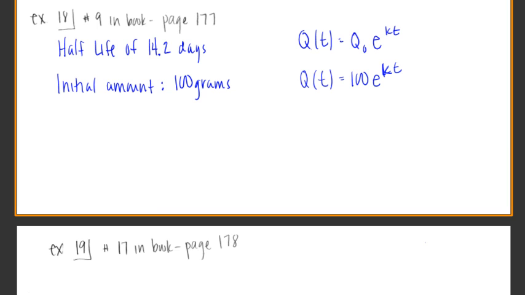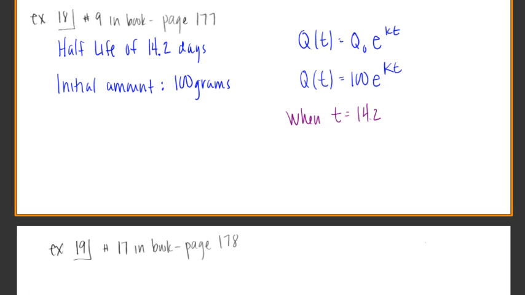Okay, so now from that, can we use the fact that the half-life is going to be 14.2 days in order to find what k is? Let's think about that for a second. Okay, so what it's telling us is that when t equals 14.2, after 14.2 days, we have half of the amount, because it's our half-life.